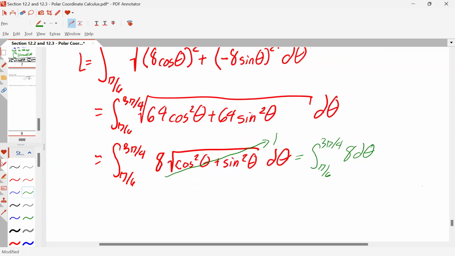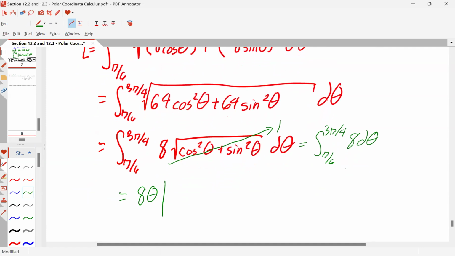The integral of 8 is 8 theta from pi over 6 to 3 pi over 4. Plugging in those bounds, we have 8 times 3 pi over 4 minus 8 times pi over 6.